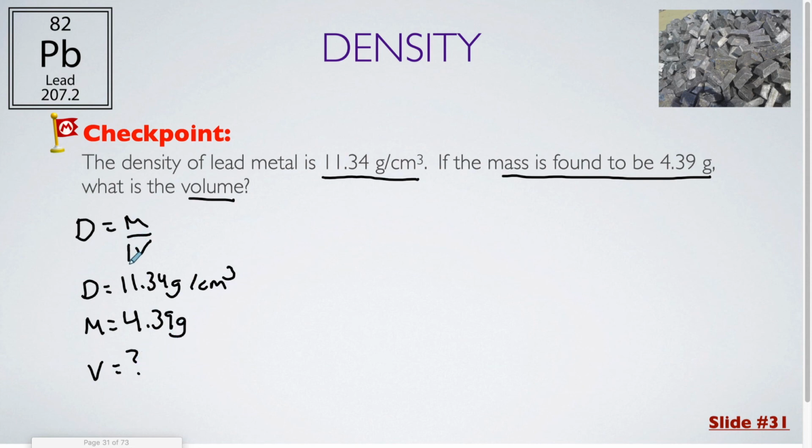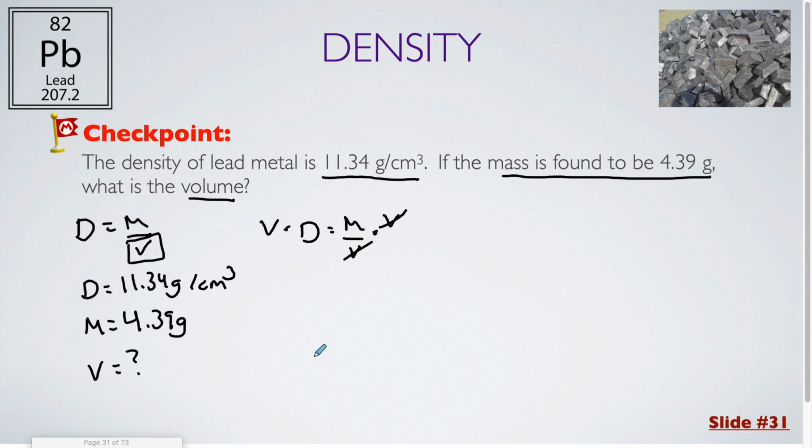So this time, I'm trying to get the volume by itself. That means that I need to manipulate this equation in order to get volume by itself. Now, I'm going to walk you through how to do this again. This is exactly what I demonstrated on one of the previous slides. I'm going to start by multiplying both sides by volume, because I just want to get it out of the denominator.